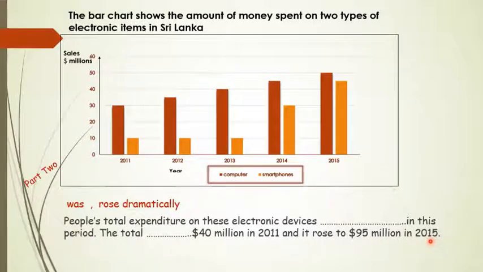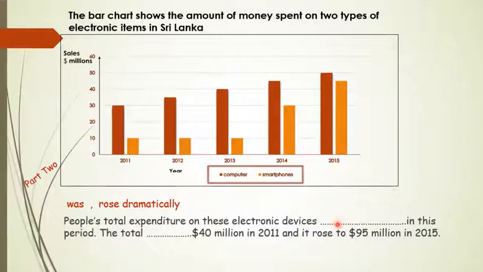Two blanks, let's try them, was and rose dramatically. People's total expenditure on these electronic devices, yeah, what happened? Yes, rose dramatically in this period.